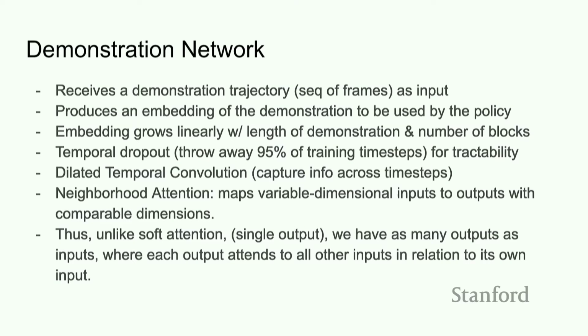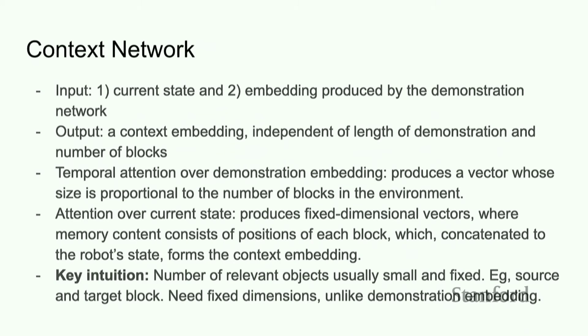We then use neighborhood attention to map this variable dimensional input into an output representing the number of query heads in the context of attention, that have the same number of outputs as we have inputs. So it's really important, I guess.